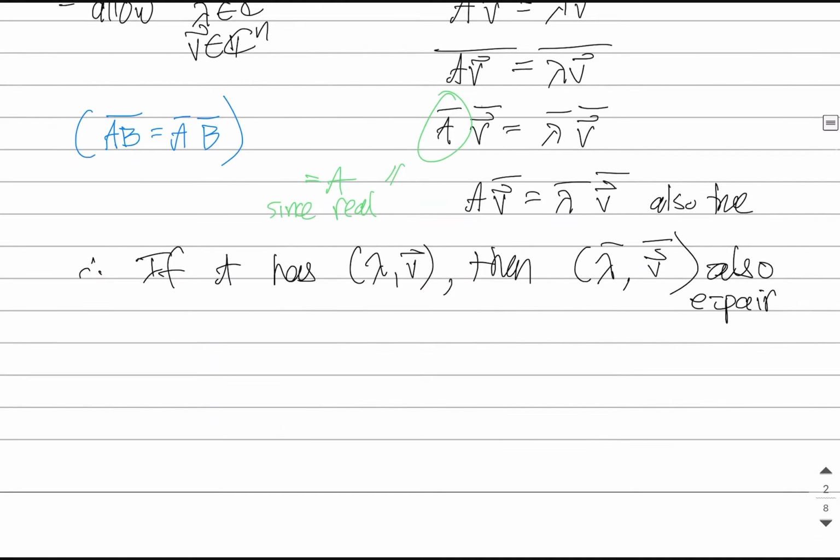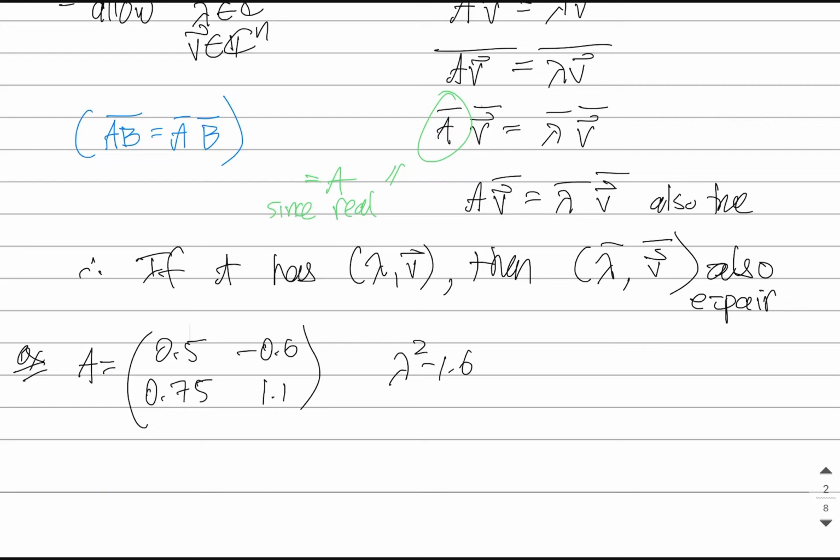So in that example I showed you with the elliptical behavior, we had this matrix, and if we were to take this determinant and come up with the characteristic equation here, we would find that the lambdas would be 0.8 plus or minus 0.6 i.